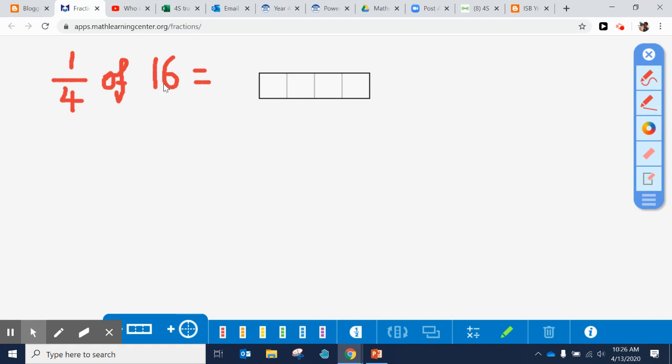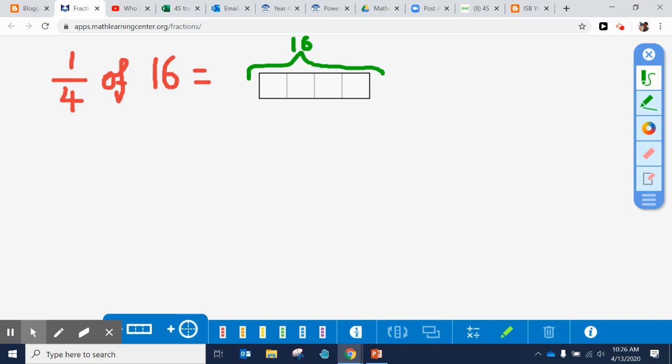So, if 16 is my whole, and it's been equally divided into 4 parts, well, that's 16 divided by 4.